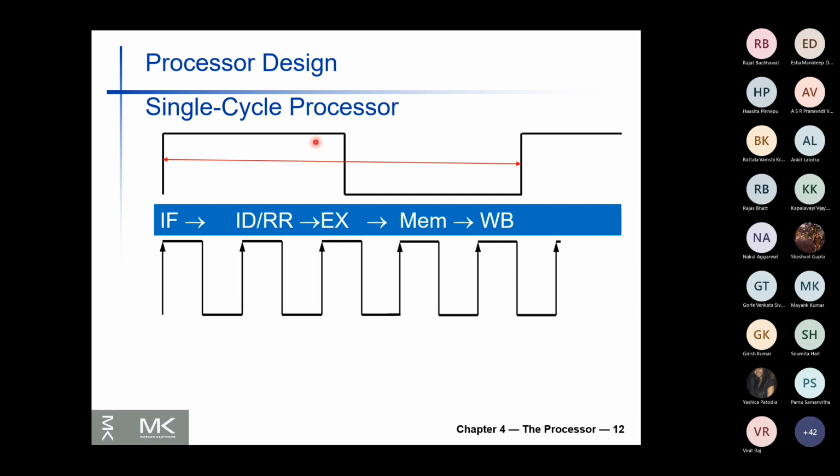So instead of having a single cycle processor, we have these basic steps: instruction fetch, decode, register, execute, memory, write back. Let us first make our clock faster. That means the clock cycle time becomes smaller. And in each phase, each stage of the instruction cycle can be finished in one clock cycle.